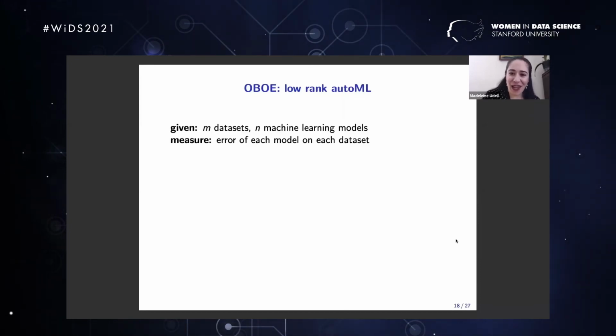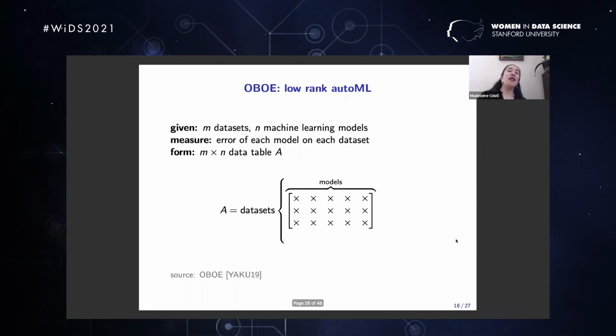The fast part will be later. We take the error of each model on each data set and put that into an M by N data table that we'll call A. So there's one row for every data set and one column for every machine learning model. The entries are the cross-validated error of that model run on that data set.